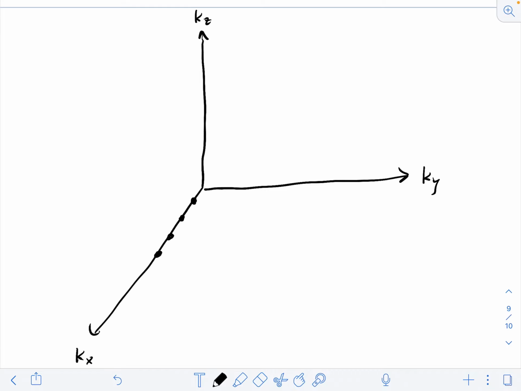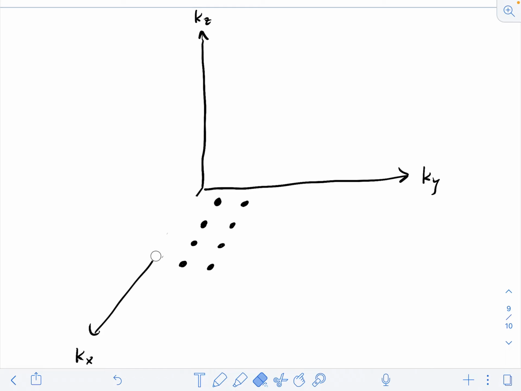And so this would be like the nx equals 1, nx equals 2, nx equals 3 and 4 for ny and nz equals 0. And then there's, say, ny is equal to 1, and nx is equal to 1. ny is equal to 1, nx is 2, ny is 1, nx is 3, and so on. Okay, and then it gets hard to draw.